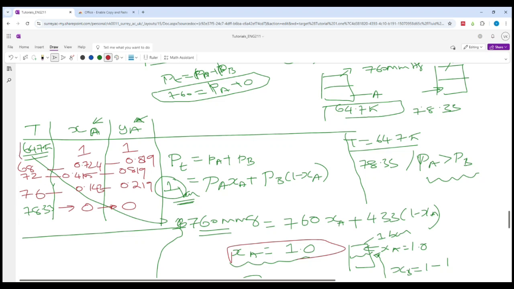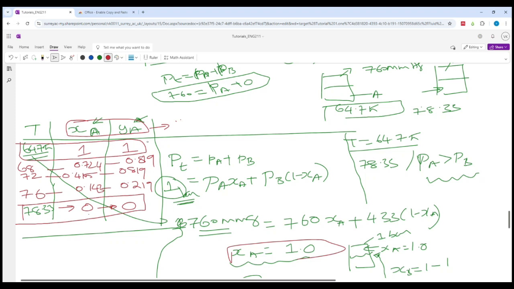If you see here at 64.75, XA and YA are 1 comma 1, and at 78.33 XA and YA are 0 comma 0. So what is this? XA comma YA both correspond to the mole fraction of the component A in the liquid phase and vapor phase.